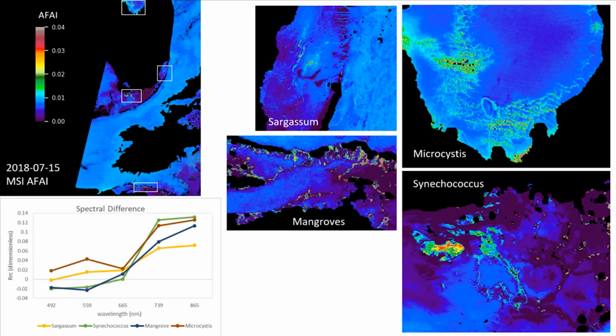The issue is that basically all vegetation has that high red edge reflectance that the floating algae index is detecting. So in my study region, I'm concerned with mangroves in Cuba, as well as Florida Bay, Microcystis blooms, which happen in Lake Okeechobee, and Synechococcus blooms occurring in Florida Bay.